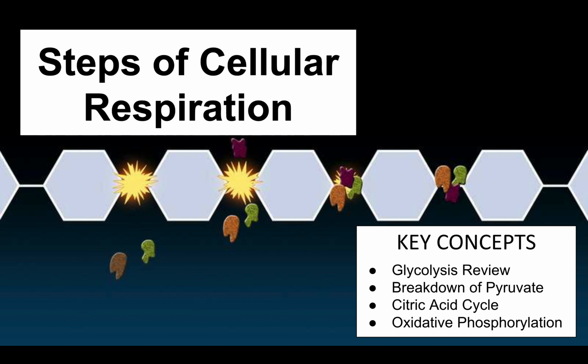That acetyl is going to combine with this molecule called oxalacetate. Once it combines with oxalacetate, it becomes citrate. Hence the name citric acid cycle. So these 2 molecules are pretty important. I want you to remember these.